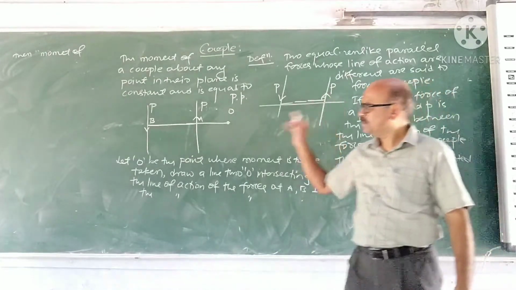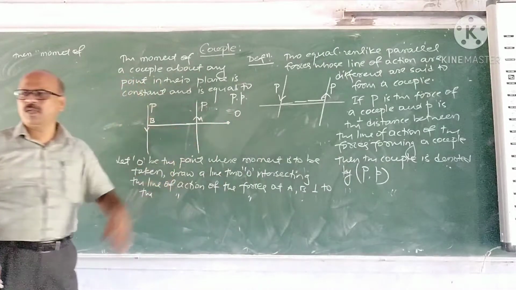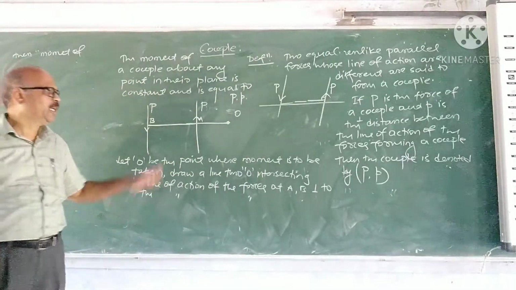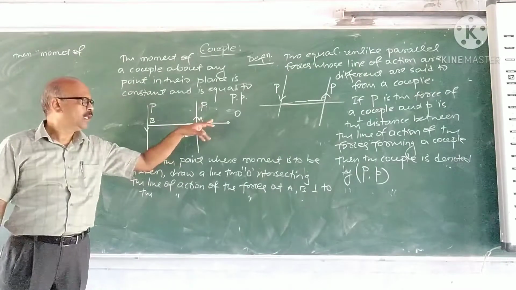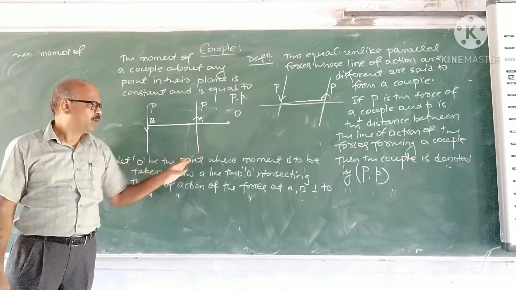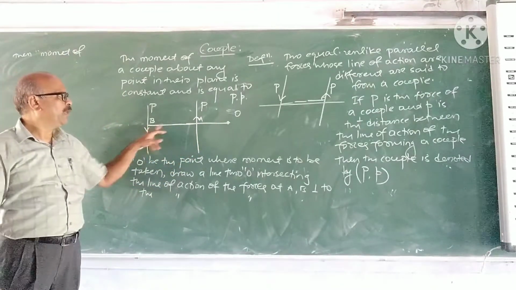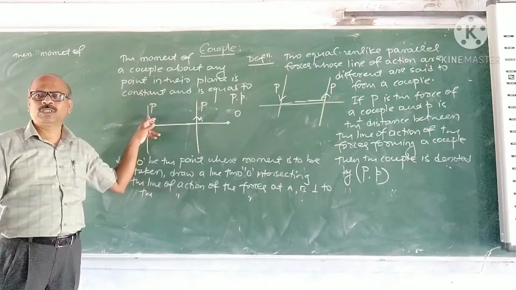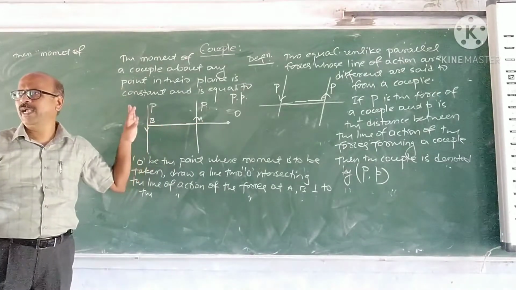To prove this, let us take the point O in the plane of the couple where moment is to be taken, an arbitrary point in the plane of the couple. Now we take the moment of this couple about O. For that, draw a line through O perpendicular to the line of action of the forces and intersecting the line of action of the forces at A and B.